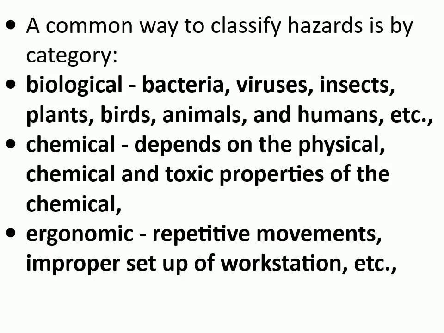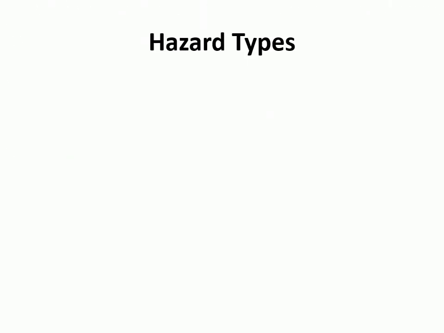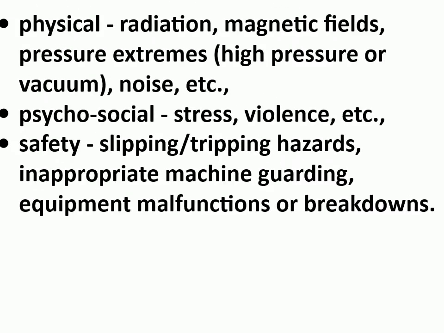Ergonomic: repetitive movements, improper setup of workstation, etc. Physical: radiation, magnetic fields, pressure extremes, high pressure or vacuum, noise, etc. Psychosocial: stress, violence, etc. Safety: slipping, tripping hazards, inappropriate machine guarding, equipment malfunctions or breakdowns.